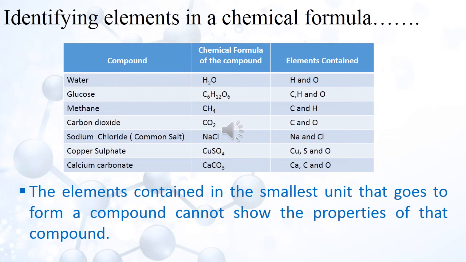Now when you look at this formula, you can see carbon, hydrogen, oxygen together form the glucose molecule. So in this table, a few examples are there. From looking at these formulas, you can identify what elements are contained there.